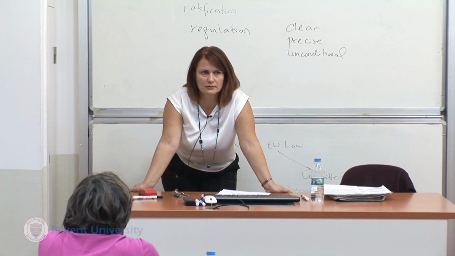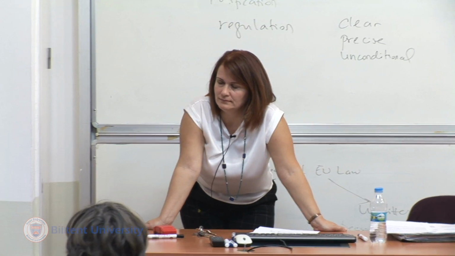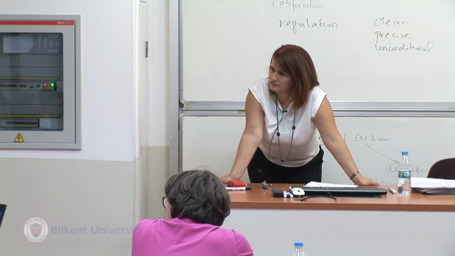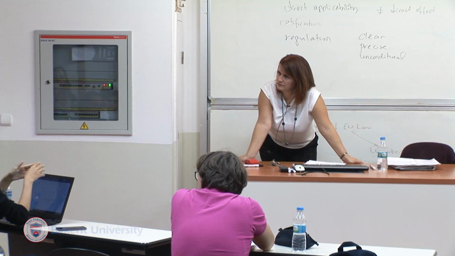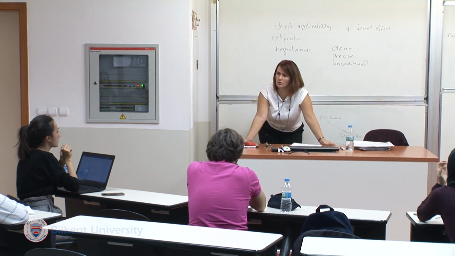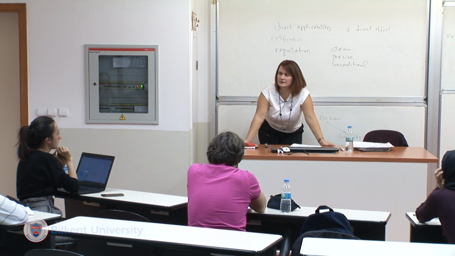All right? Can you categorize the provisions as directly effective or not? Like, is there any other option for the provision? In terms of rights of individuals, no. It is either directly effective or not.